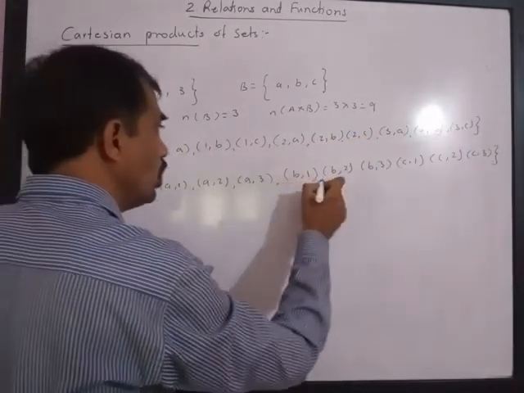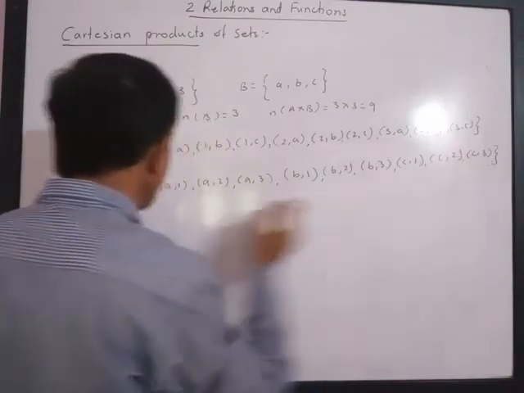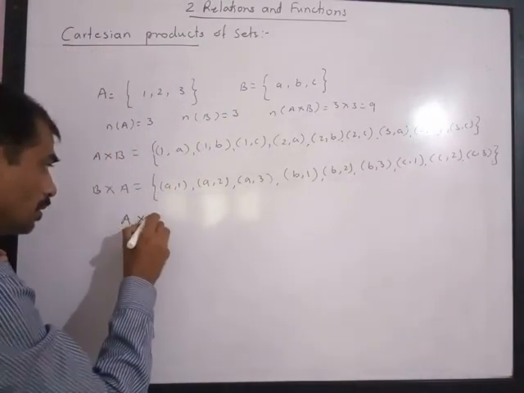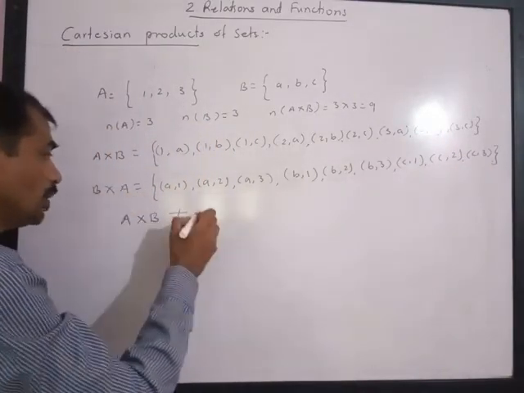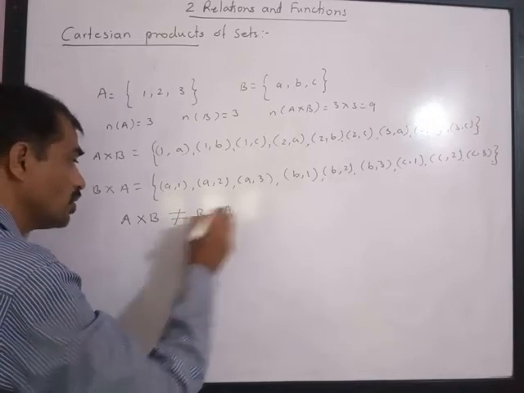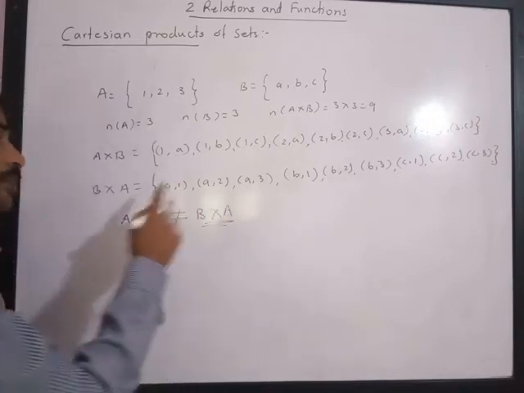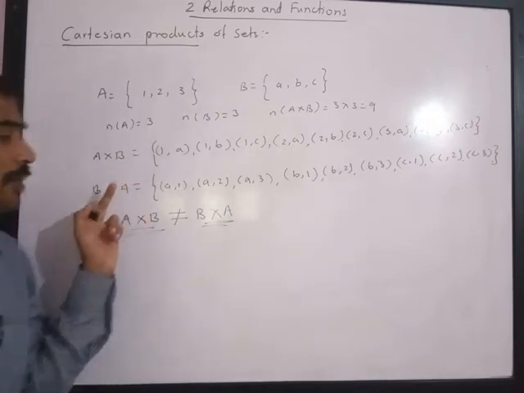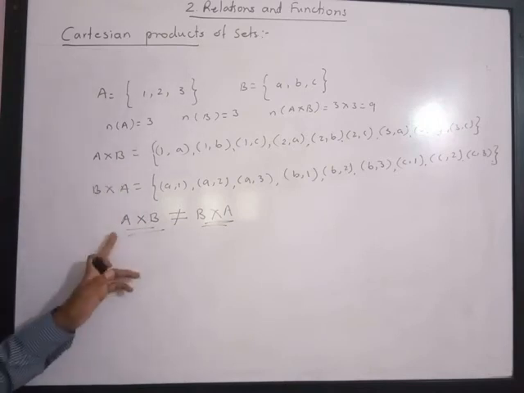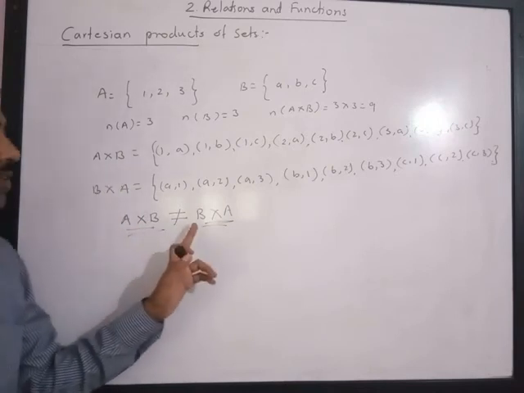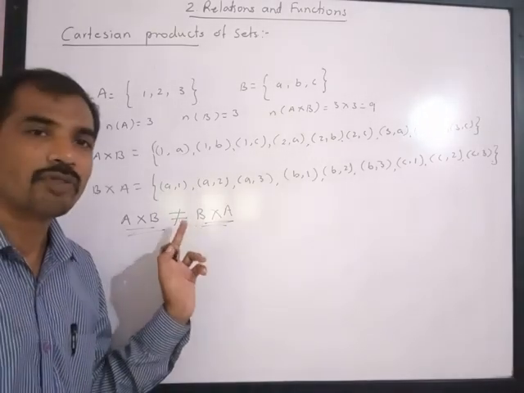And also note here that A cross B is never equal to B cross A if both sets are not equal. If both the sets are not same, then the Cartesian product of A and B will never be equal to the Cartesian product of B and A.